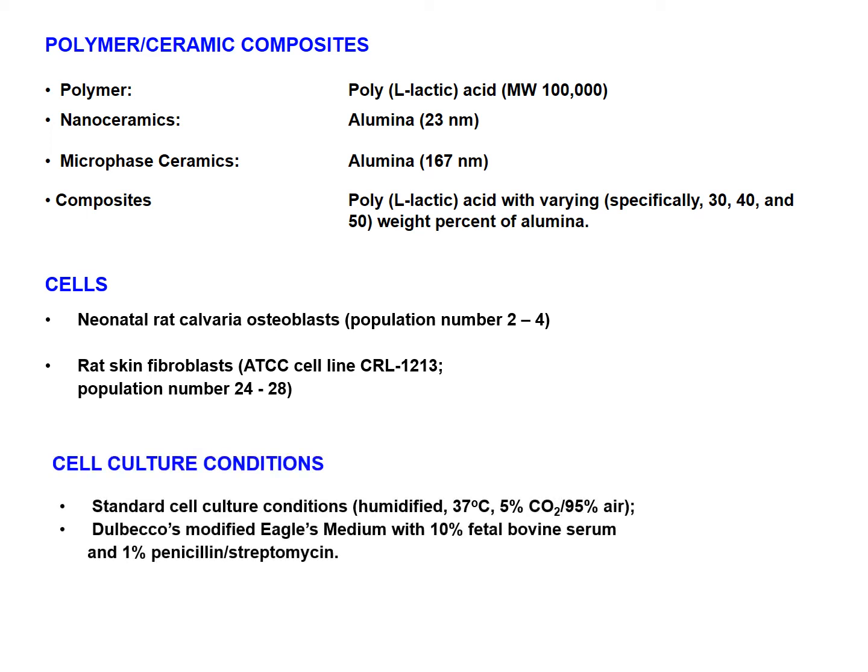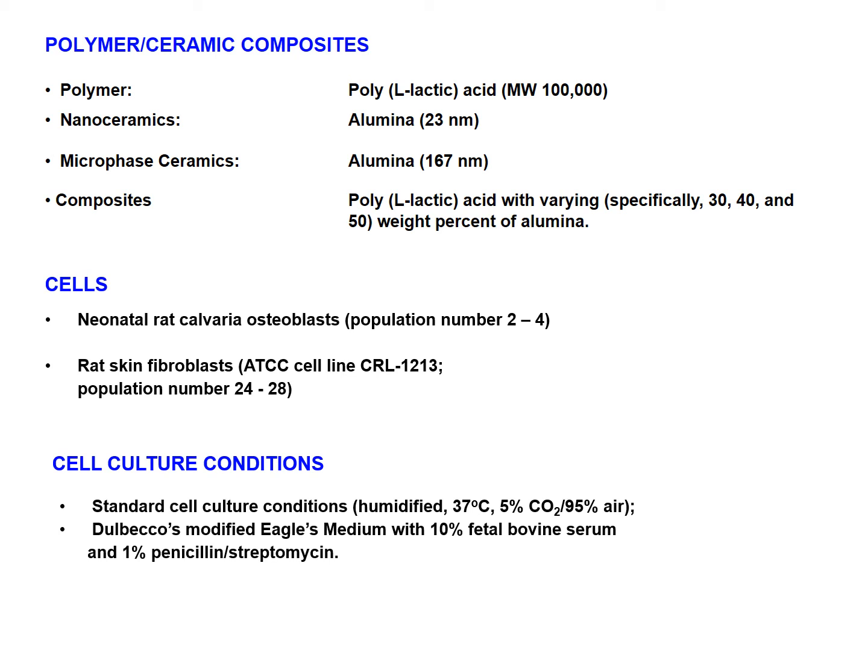The cells used in the study were bone-forming cells, osteoblasts, and for comparison's sake, fibroblasts, the line which is considered as a competitor because fibroblasts form soft tissue, osteoblasts form hard tissue, bone.